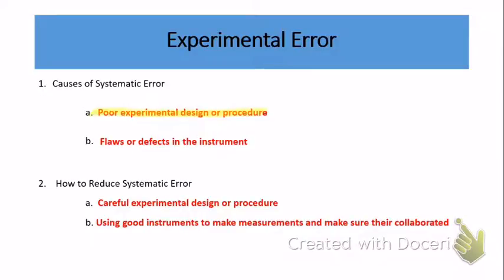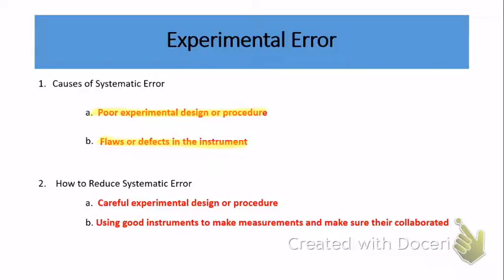So poor experimental design is going to create systematic error. Also, if the instruments you're measuring with have defects, in other words they're not working properly, maybe your balance is broken, that's obviously going to give you wrong data, and therefore create accuracy problems or systematic error.